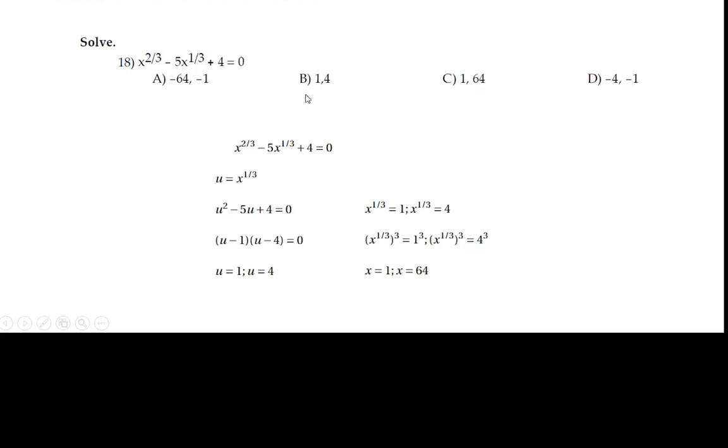But 1 and 4 is not the answer. Those are u's. We want x's. So x to the 1/3 equals 1, x to the 1/3 equals 4. Cube both sides for each equation. We get 1 cubed and 4 cubed, which would be x equals 1 and x equals 64. That's that.